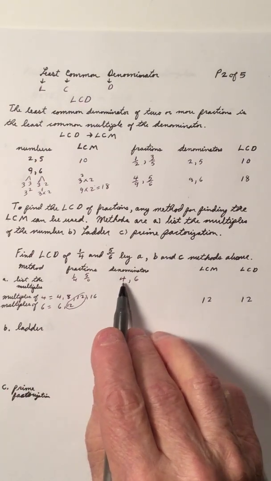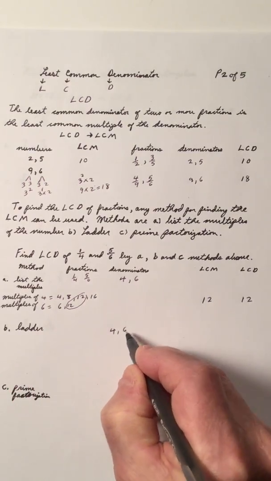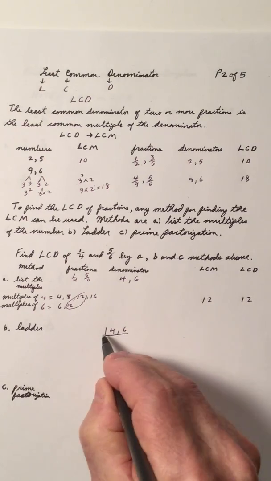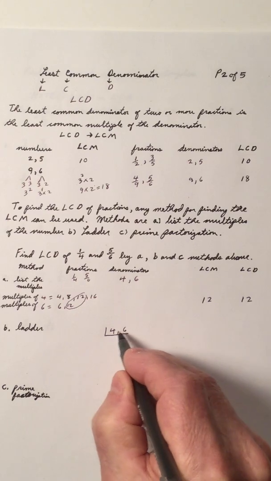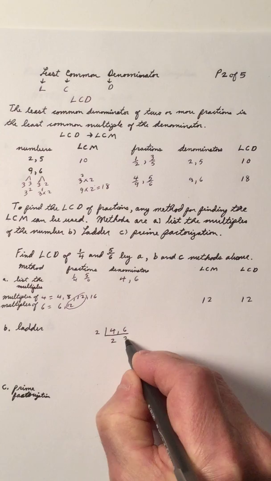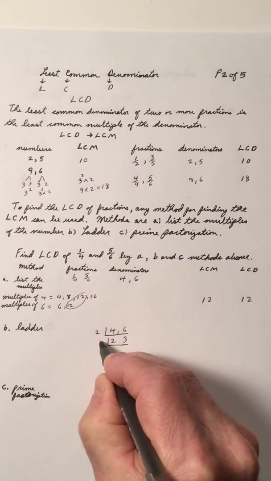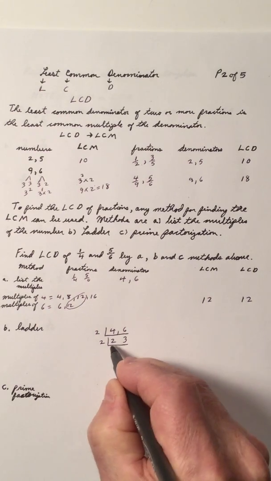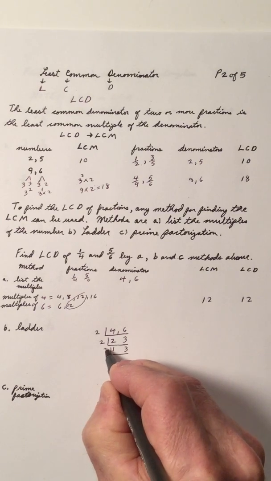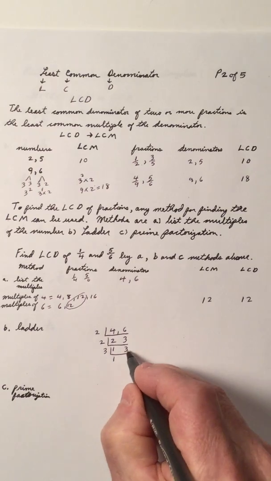We have denominators of 4 and 6 again, but we're going to use the ladder method. So we put down the 4 and the 6. The ladder method, we make an L. Divide by any factor of 4 and 6. 2 is a common factor, so 4 divided by 2 is 2, 6 divided by 2 is 3. Again, we divide by any of those factors. 2 again, 2 into 2 goes once. 2 does not go into 3, so we bring the 3 down. 3 into 3 goes 1.